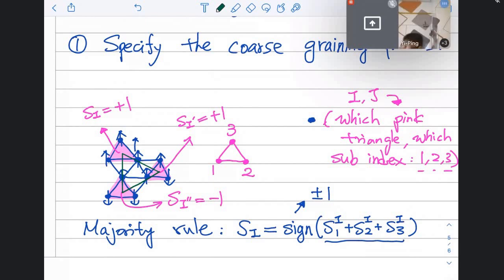And the new degree of freedom is the coarse-grained S_I at the vertices of this new green triangular lattice. So at this point, you can already see that the lattice scale changes by square root of 3. You need to stare at this geometry, and then you will convince yourself it is square root of 3 times A, where A is the original lattice constant. Okay.